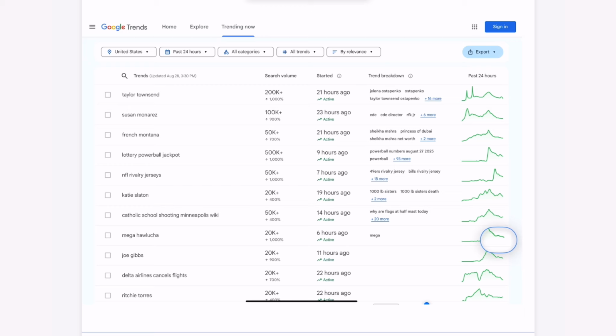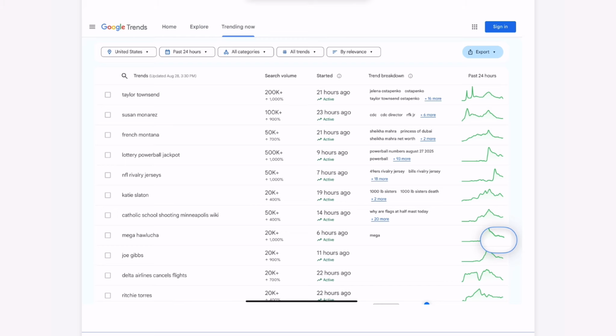Oh, should I know who that is? Wait, this person is a Pokemon? Okay, well, maybe we should revisit this list. Is Richie Torres also a Pokemon? Back in my day, it was only 150. It was much easier.